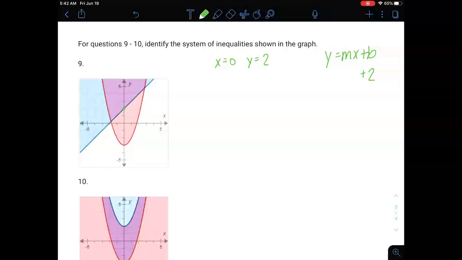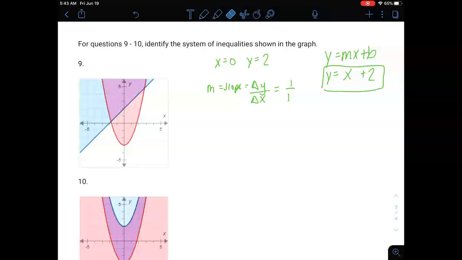Our slope, m, is our change in y over our change in x. So how many up do I go and for how many over? I'm looking, it's 1 to 1. So I'm up 1 over 1, up 1 over 1. So it's y equals x plus 2. So that's my first line there.